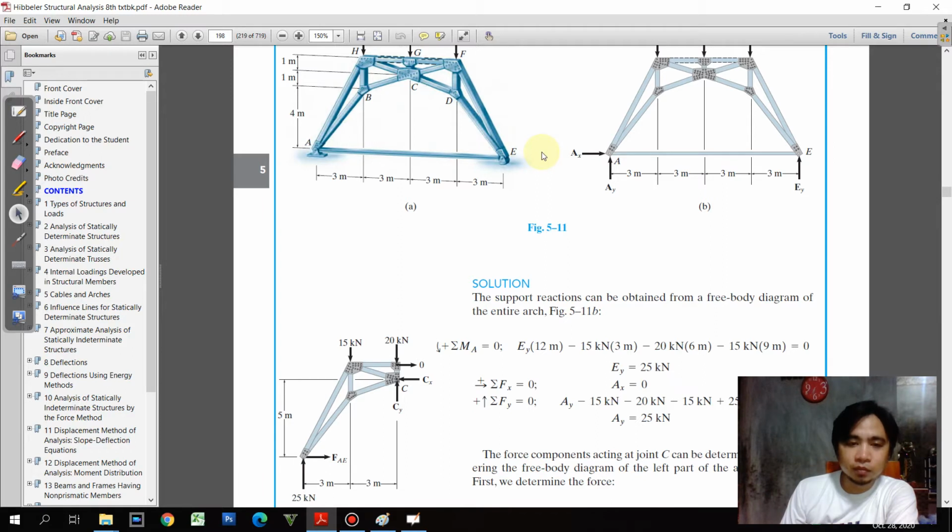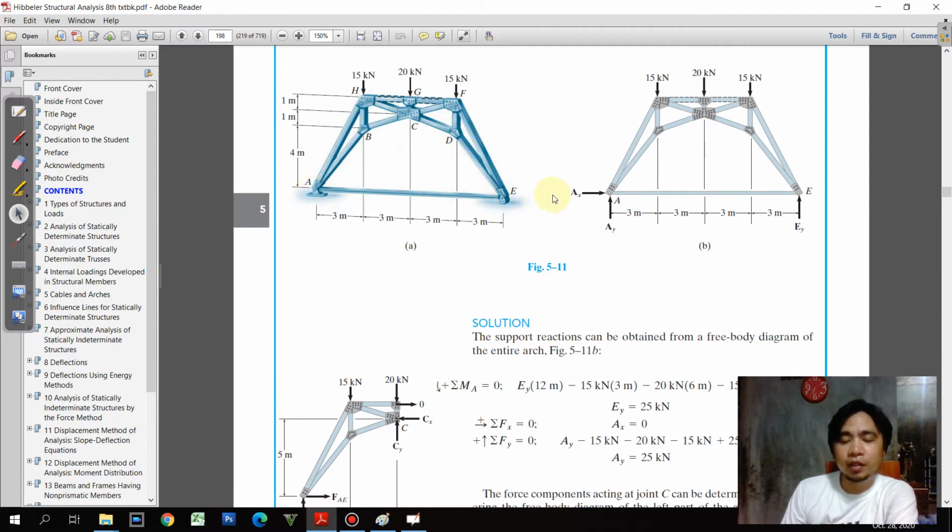So as we can see, there will be a horizontal connection between A and E. So if we're going to have our free body diagram, remember that E here is supposedly a roller, no? Supposedly a roller, in order to attain the determinacy of this structure.